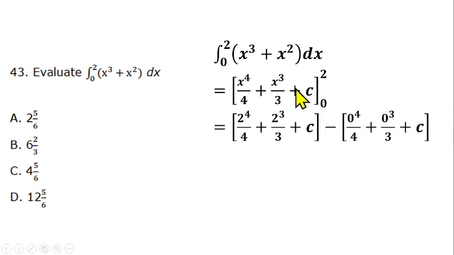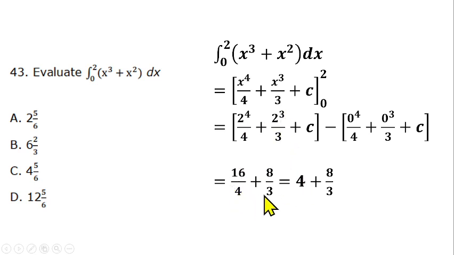So if you put 2 here, you have 2 raised to power 4 over 4 plus 2 raised to power 3 over 3 plus c, minus put the 0 here as well. You have 0 raised to the power 4 over 4 plus 0 raised to the power 3 over 3 plus c. We know that everything here will give us 0. So from there, 2 raised to the power 4 is 16 over 4, plus 2 raised to the power 3 is 8 over 3.